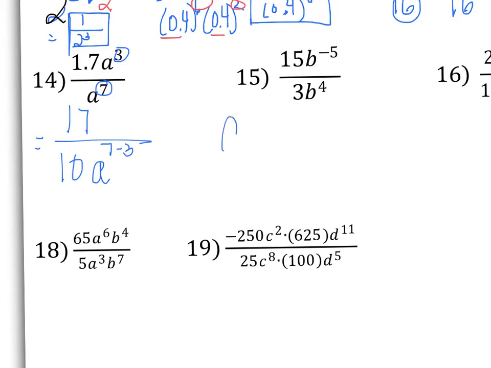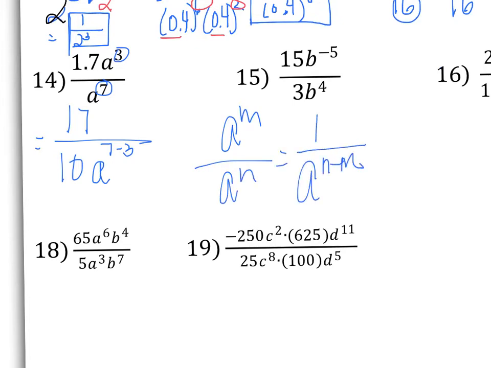Remember, a to the m over a to the n equals 1 over a to the n minus m when n is greater than m. So this would be your m, this would be your n. So I simply subtracted 3 from 7.